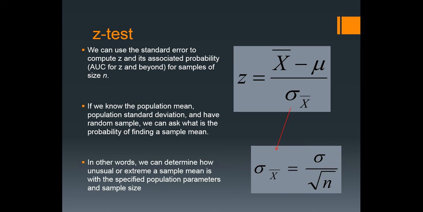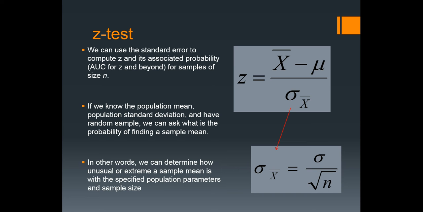And now instead of having an individual score in the numerator, we have a sample mean. So we're simply taking the sample mean, subtracting the population mean, and dividing it by the standard error of the mean to find out how much difference between a sample mean and a population mean there is if we take into account the amount of error we expect.